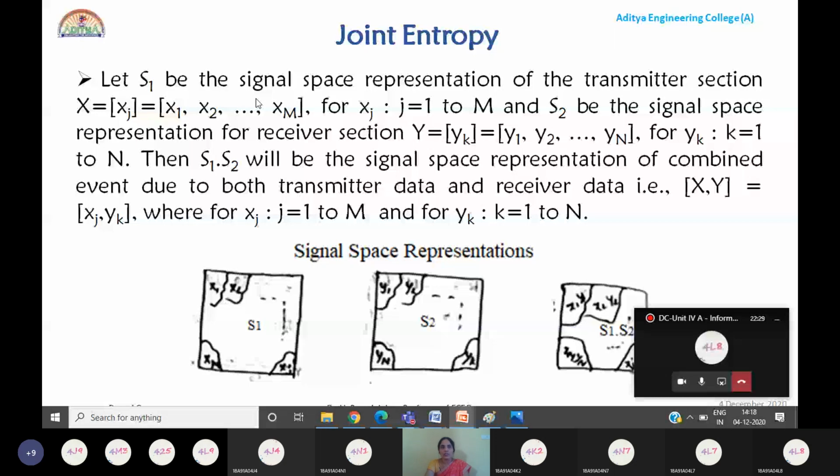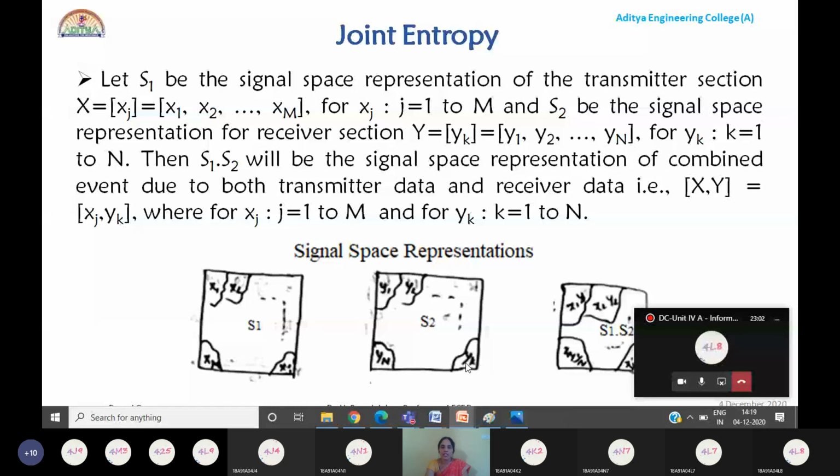We studied this in the last class. For example, S1 is the signal space representation of the transmitter section, where if you observe the figure, it consists of events x1, x2, x3 and so on up to x suffix capital M. Similarly, S2 is the signal space representation of the receiver section capital Y, whose events are y1, y2, y3 up to yn.